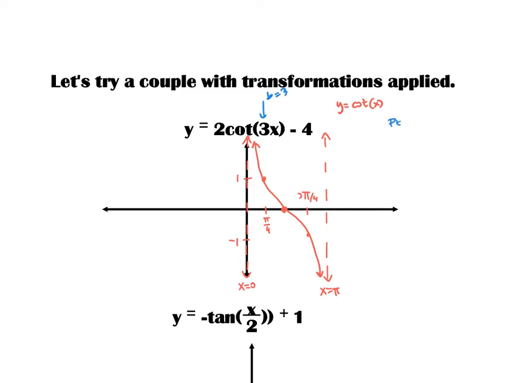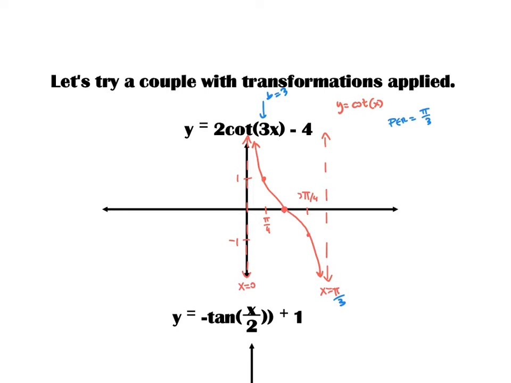Therefore, the period is equal to pi over 3. Remember, this is now pi divided by b, not 2 pi divided by b. So what that's going to do to our graph is take and divide all of our current inputs by 3.